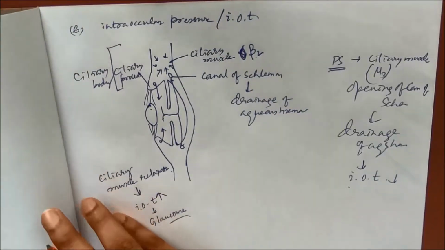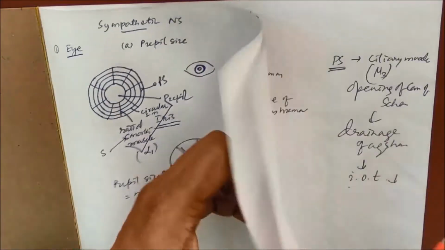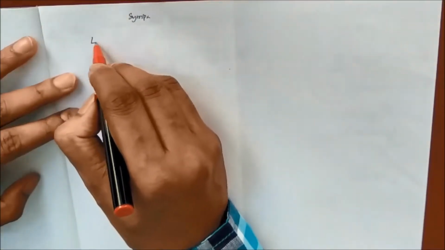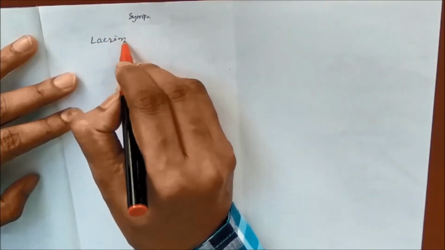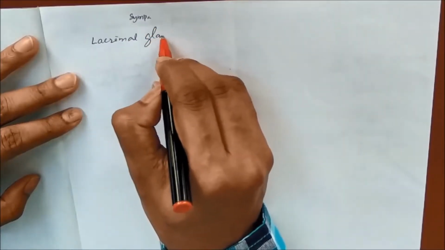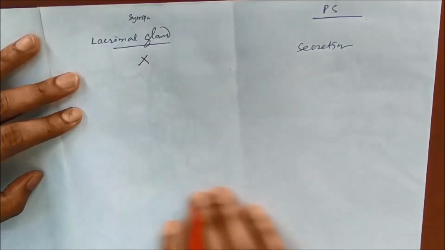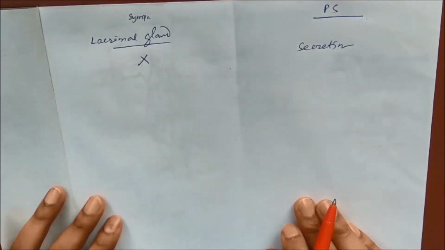The third one in the case of the eye is the lacrimal gland. For any gland, secretion will be by the parasympathetic. Secretion from any gland means it is parasympathetic activity, and there is no secretion in the case of sympathetic activity.